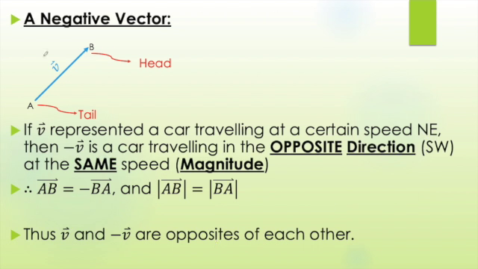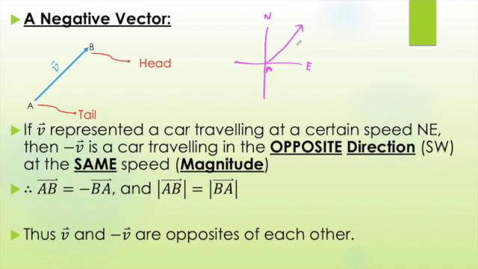For describing a negative vector, we have our same vector here, AB, and then we could label it as V. It could represent a car traveling at a certain speed northeast, right? If you were to draw that, we'd have north and then east, and then you put that on there.